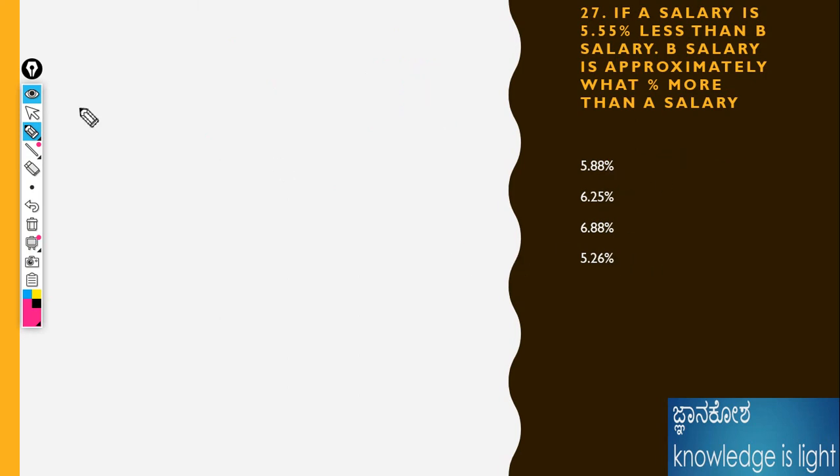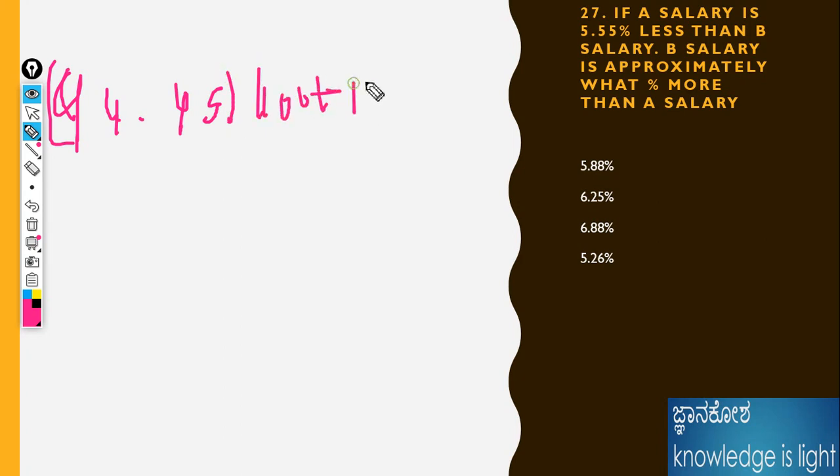Okay, for the same problem, how to do it with the other method: I will directly write 100 minus 5.5, therefore that is 94.45%, isn't it? Then we don't know how much it is increasing. 100 plus b, we need to calculate the increase only.